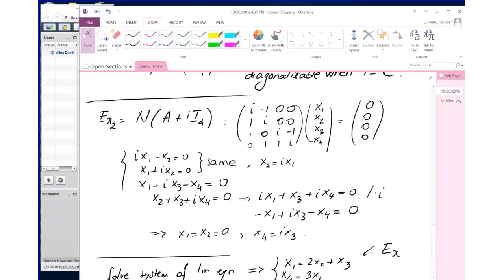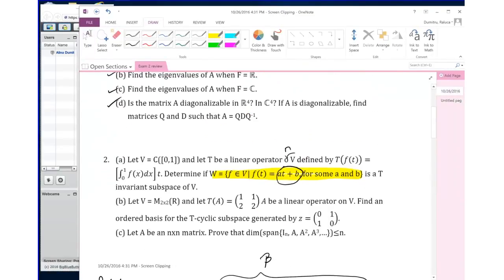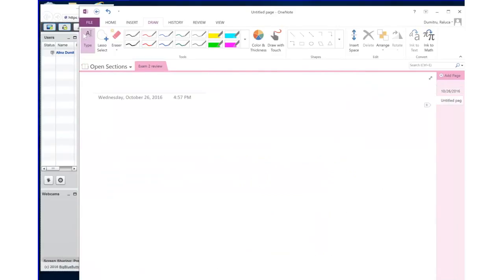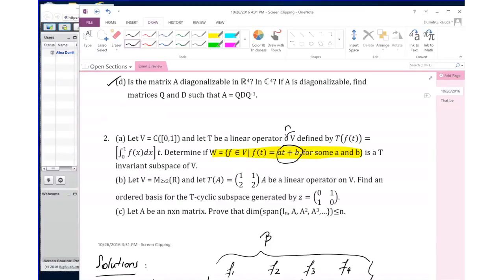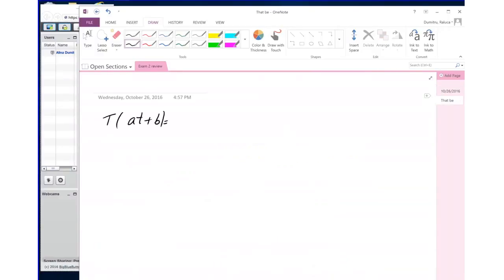Just make another page because it's simpler to move between pages. Okay, so you apply T to a function like this. That's the integral from 0 to 1 of f of x dx, where f of x is ax plus b, everything times t.